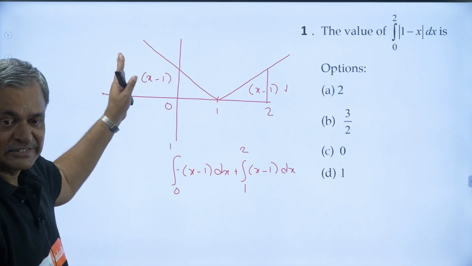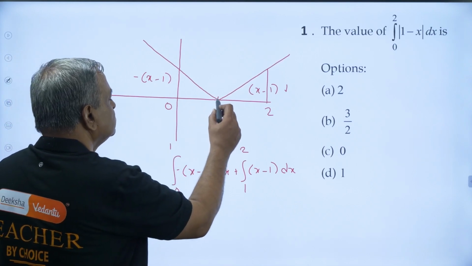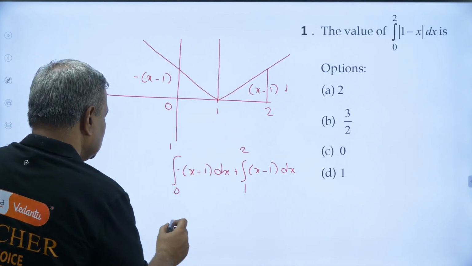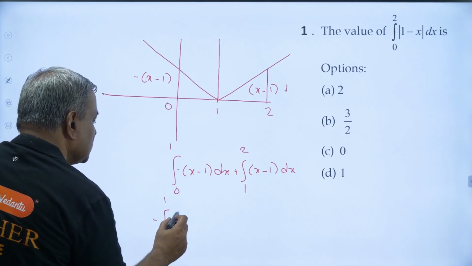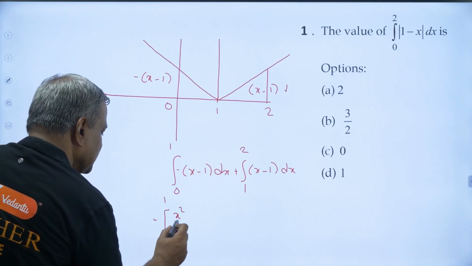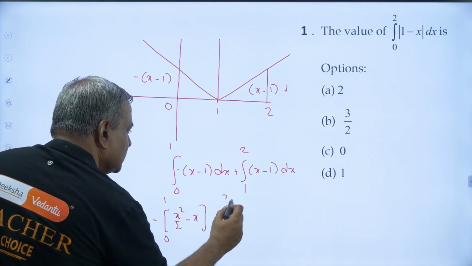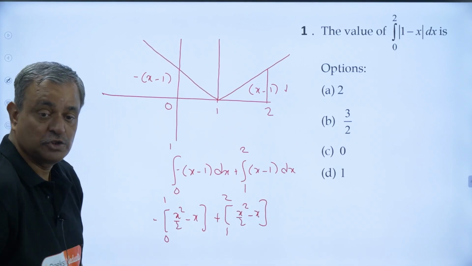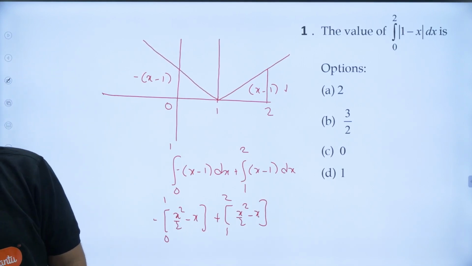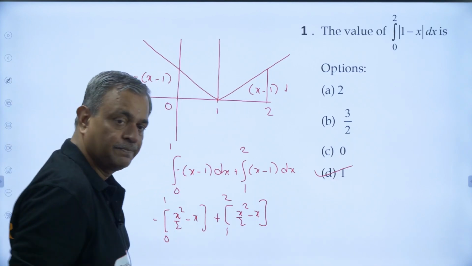Because it is defined as minus times of x minus 1, because mod must always be positive. So this will give you minus outside, 0 to 1 of x square by 2 minus x, plus 1 to 2 of x square by 2 minus x. The rest you solve, I'll tell you the answer. Option D will come, 1 will come when you solve it.